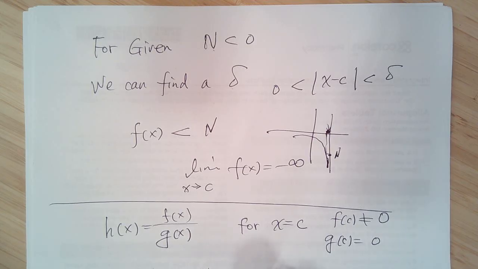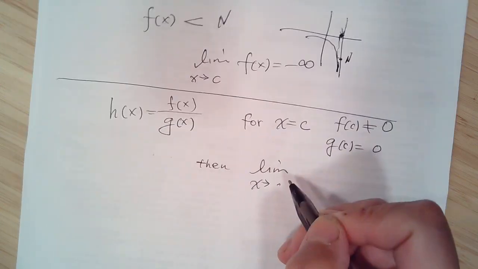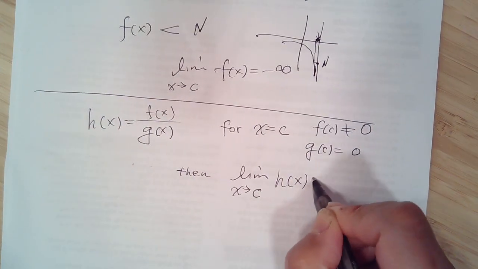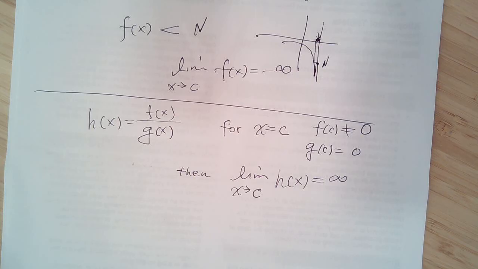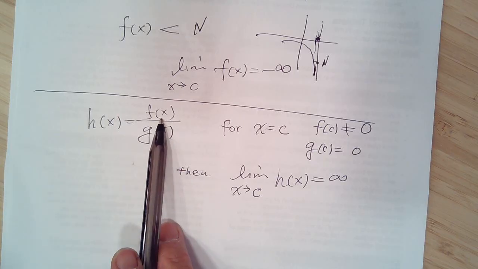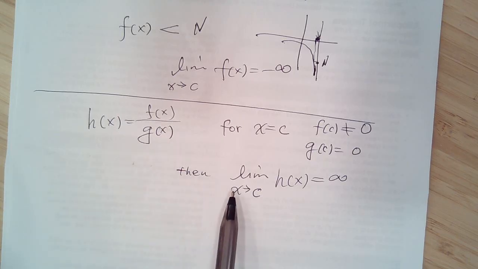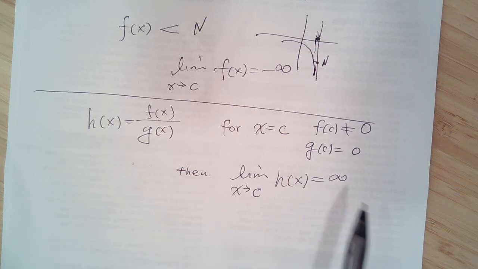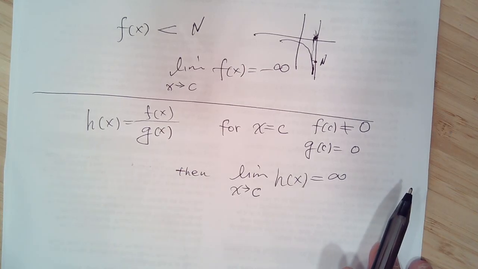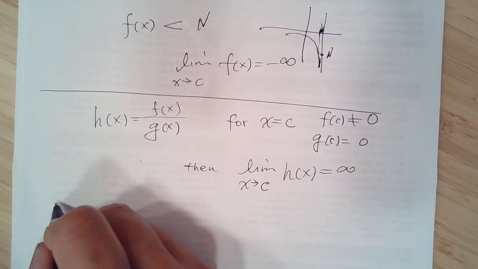Then the limit as x approaches c of h of x will be infinity. Makes sense? Because the denominator is almost 0 and the numerator is not 0, therefore h is going to be infinity. But sometimes it's positive, sometimes it's negative. Let's see what happens. I'll give you several examples.